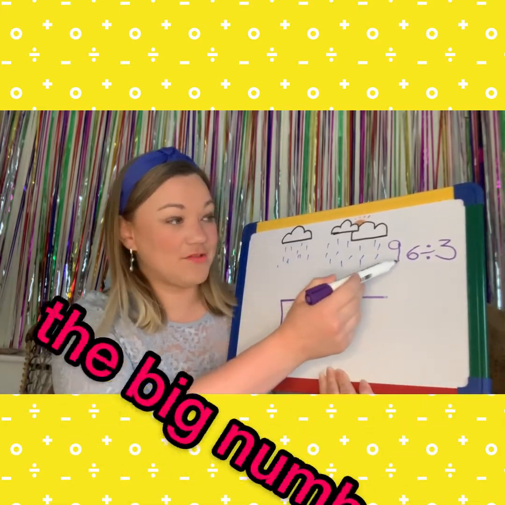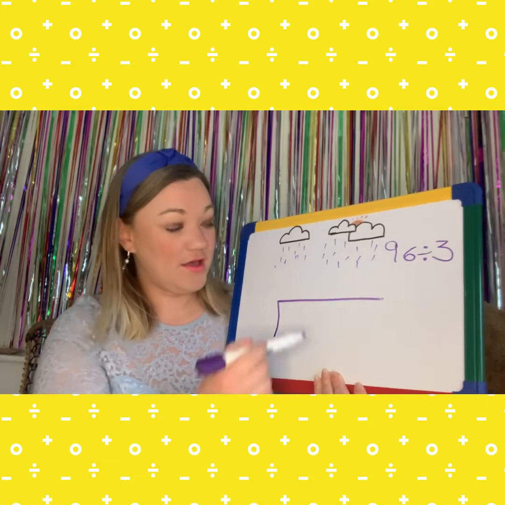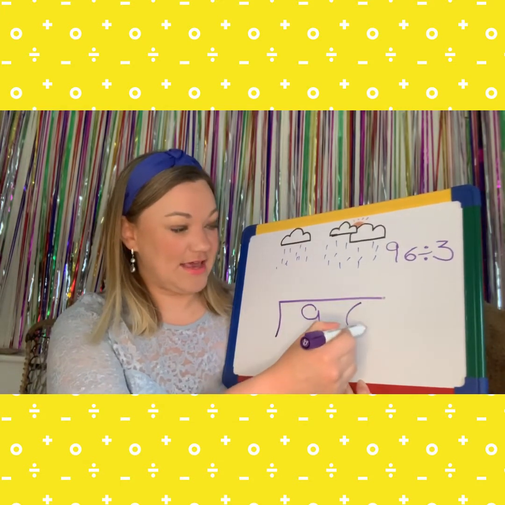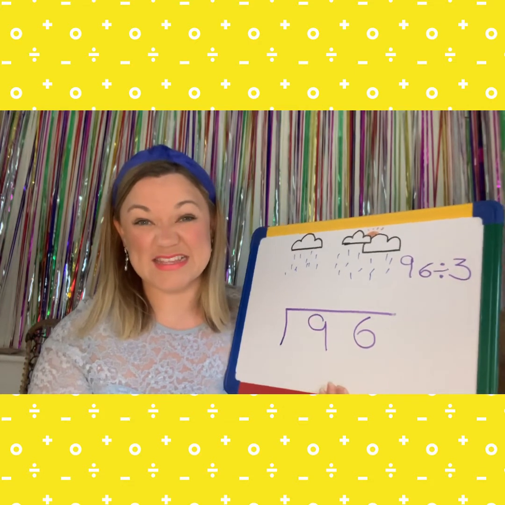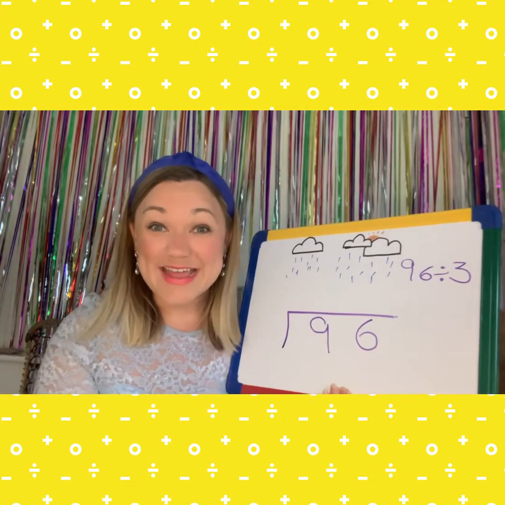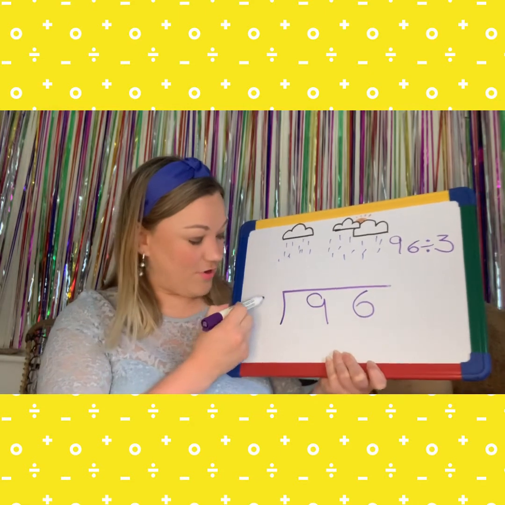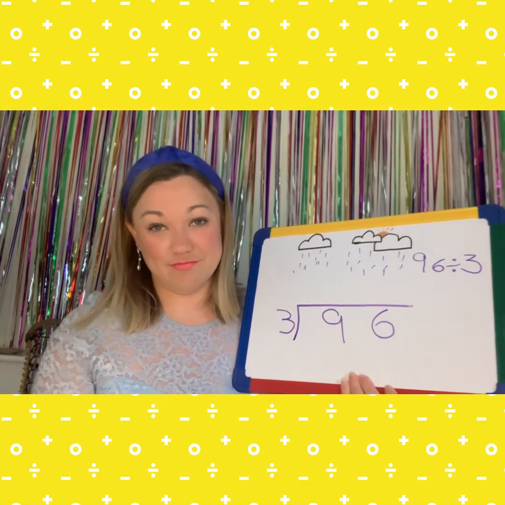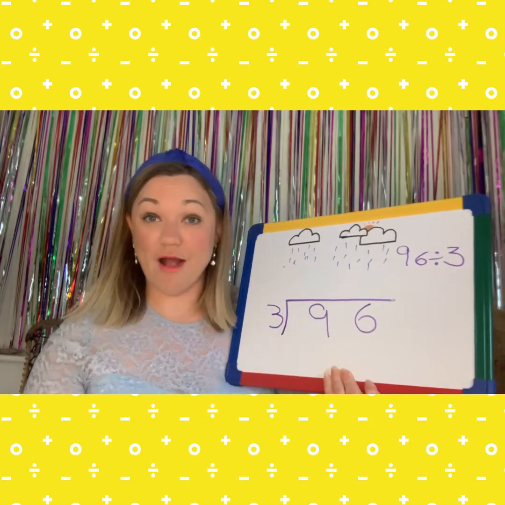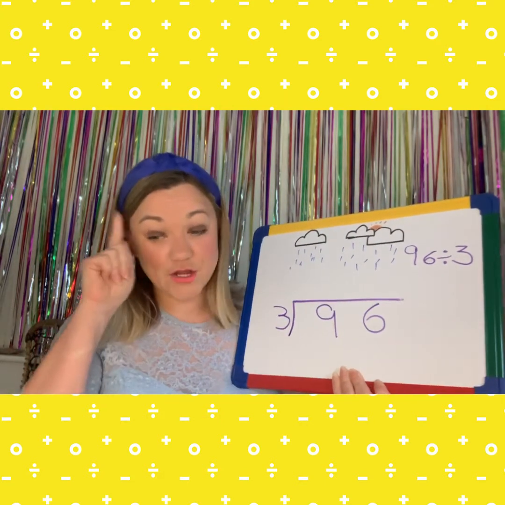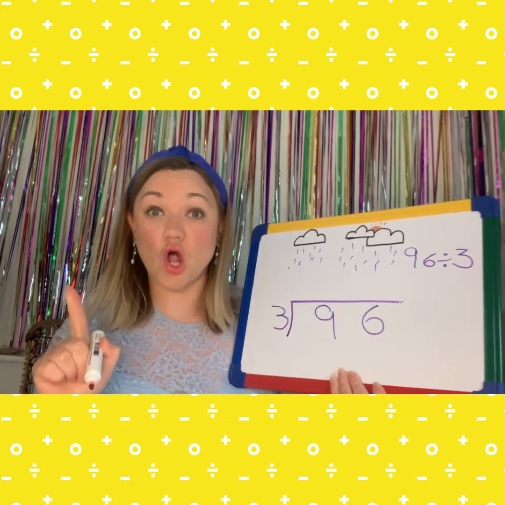So the big number out of 96 and 3 is the 96. It pushes out the poor little number 3 and it goes and gets under the bus shelter to stay dry. And then the 3 waits outside patiently in case that someone leaves and then they can go in. So remember, I said it's important just to take note of the different columns.